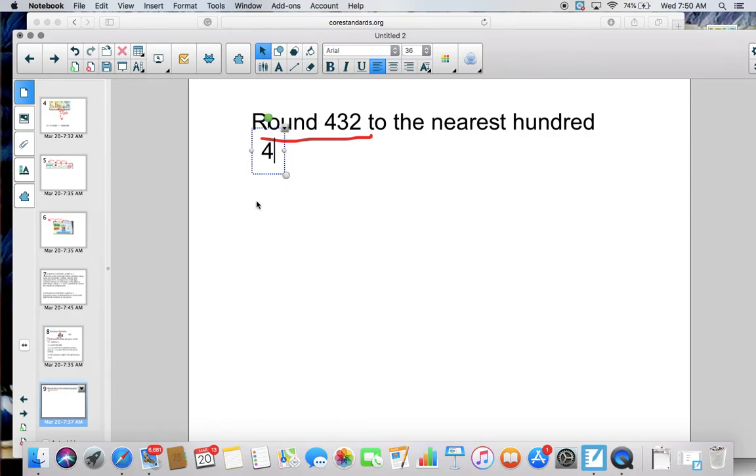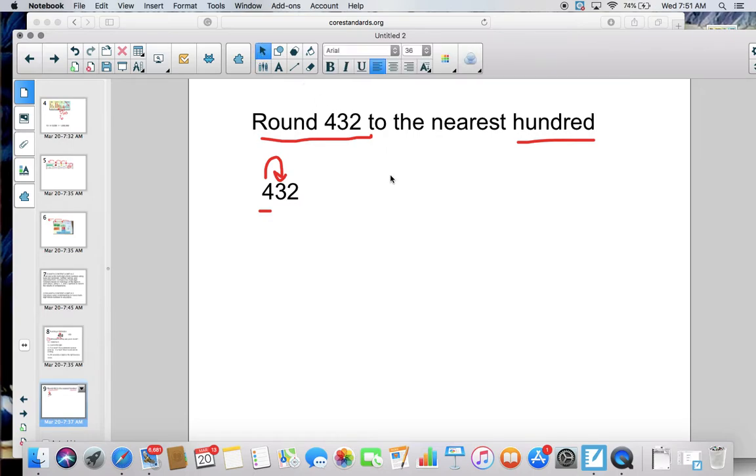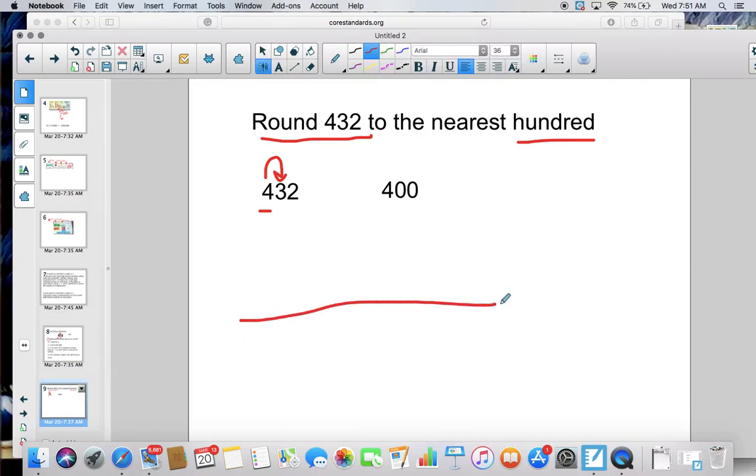Okay, you should have written 432 on your dry erase board. It says round to the nearest 100, so you should have underlined the digit in the hundreds, looked next door, it's a 3, so it becomes 400. Another great way to do this, because it's saying hundreds, draw a number line, and on the number line you're going to place the numerals that are in the hundreds.